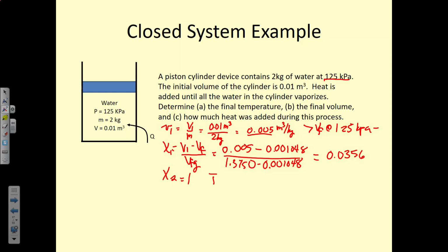So what would our T2 be? It would be the saturation temperature, right? Because it's a piston cylinder device that's not constrained, our pressure will remain the same during this process. So our saturation temperature at 125 kilopascals is 105.97 degrees Celsius. So that's the answer to part A.